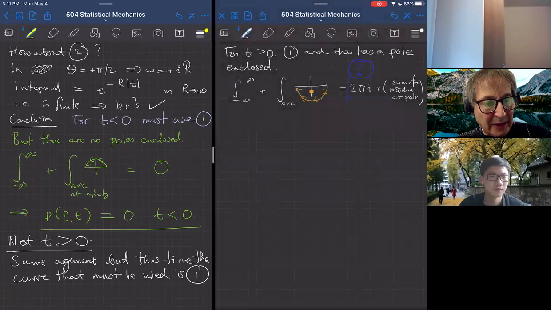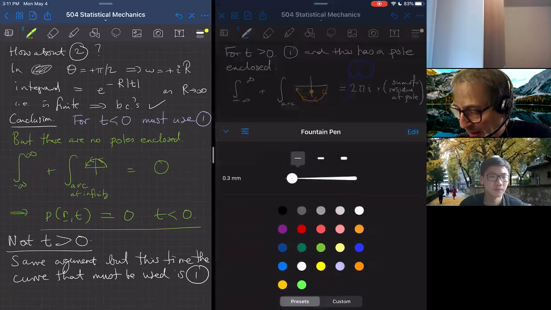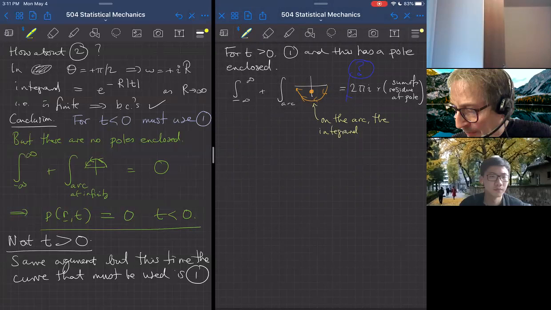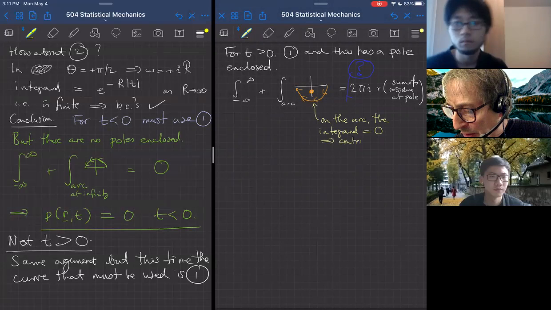So what does the residue theorem say? The first thing is that on the arc, the integrand is 0 because it's exponentially getting smaller, and so that implies that the contribution from the arc is equal to 0.